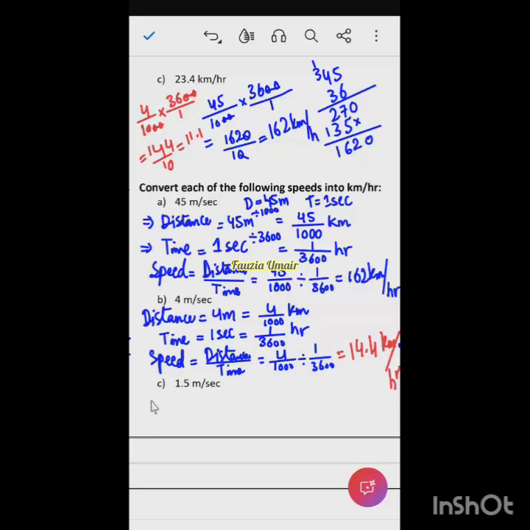So now the last part, distance is equal to 1.5. Hashim, you have raised your hand. 5.4. All right. So 1.5 meter is basically 1.5 divided by 1000 kilometer. Remember that we will not do intermediate calculation. We will leave it as it is. Time is 1 second. 1 second means 1 by 3600 hour.